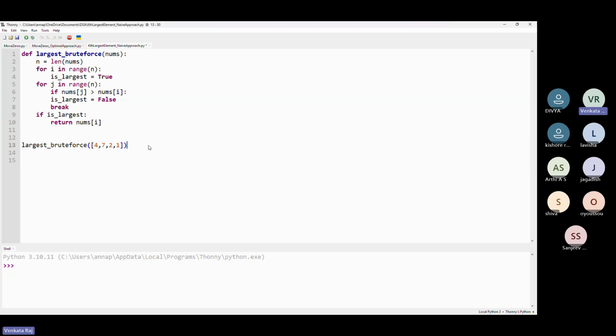This solution is just for the largest element. We have not yet arrived at the kth largest element. This particular function just finds the first largest element in the array.